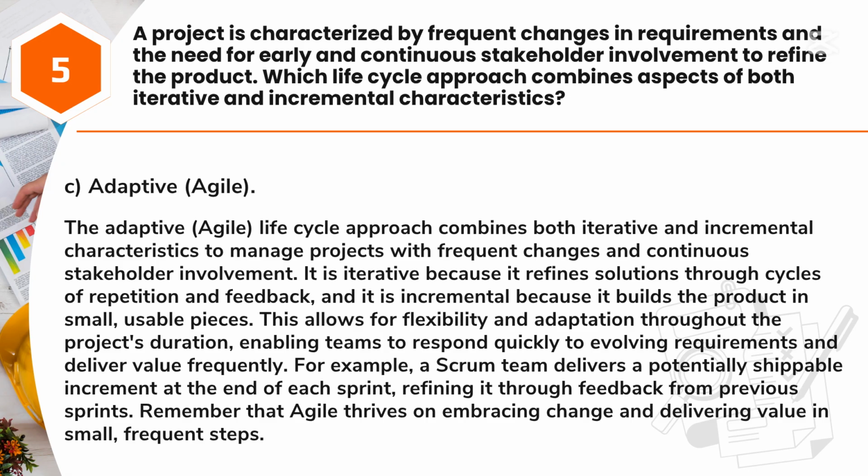This allows for flexibility and adaptation throughout the project's duration, enabling teams to respond quickly to evolving requirements and deliver value frequently. For example, a Scrum team delivers a potentially shippable increment at the end of each sprint, refining it through feedback from previous sprints. Remember that Agile thrives on embracing change and delivering value in small, frequent steps.